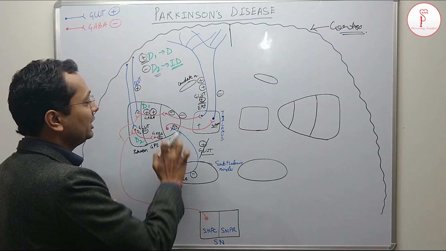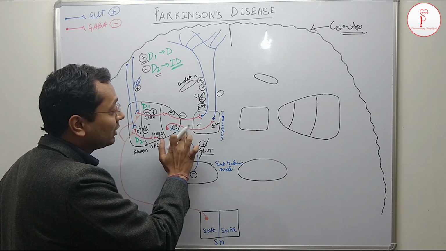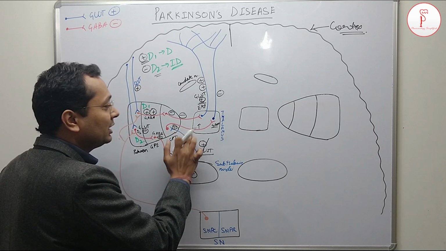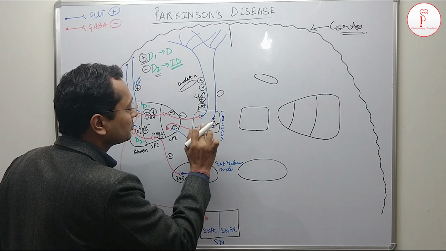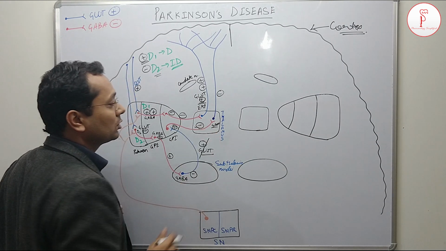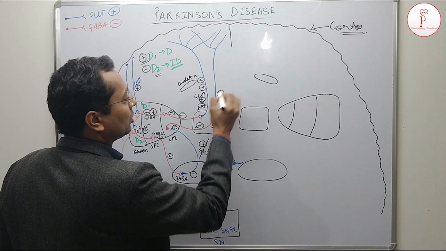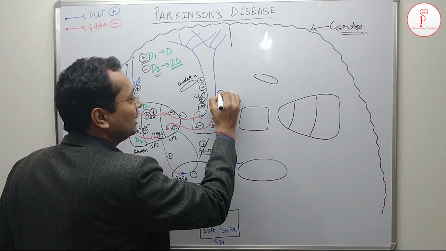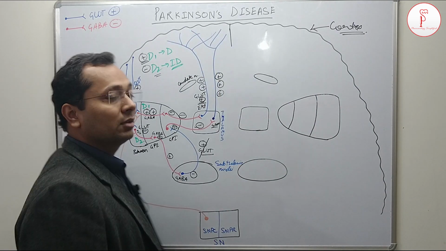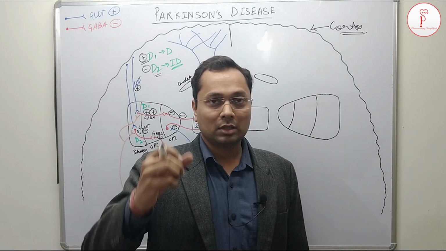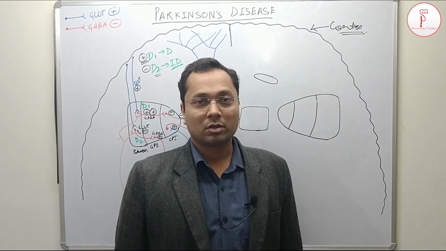Less release of glutamate, which means this neuron will not be excited. This neuron will undergo inhibition, and when this neuron undergoes inhibition, there will be very less or no release of GABA, which means this neuron that was earlier inhibited will now send very strong signals to the brain for the muscle contraction.